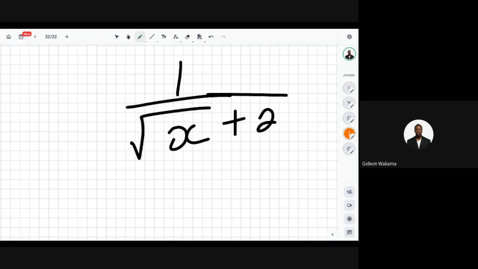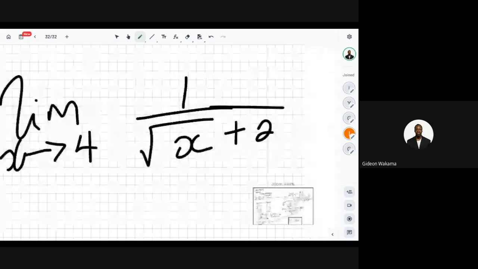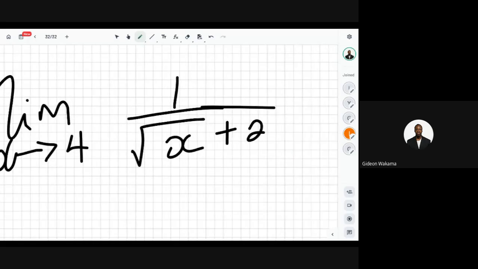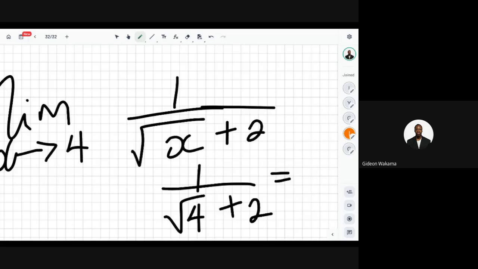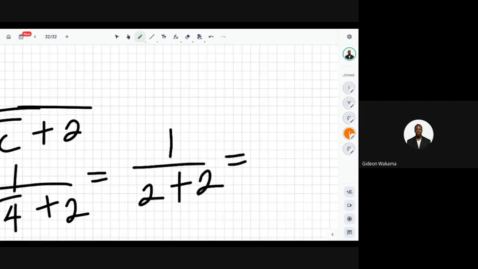This is for the limit as x approaches 4, right? And so we substitute now. We have 1 over root 4 plus 2, and that is equal to 1 over 2 plus 2, and that is equal to 1 over 4. Answer: 1 over 4.